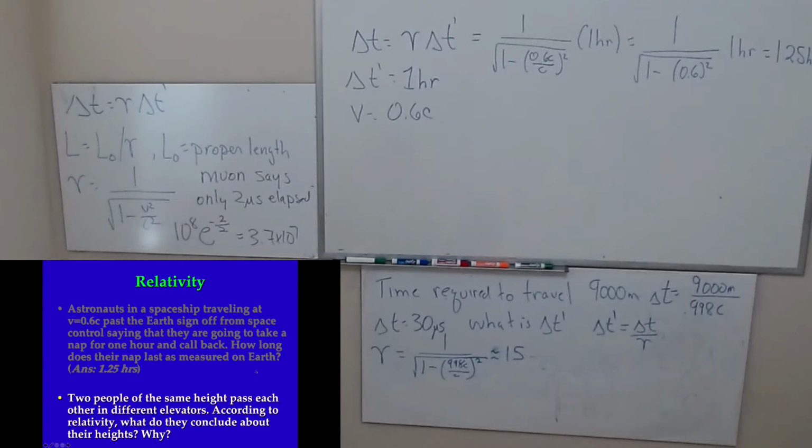Okay. So here's a question for you guys. So two people of the same height pass each other in different elevators. According to relativity, what do they conclude about each other's heights?